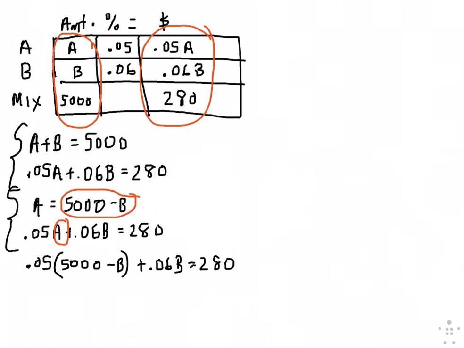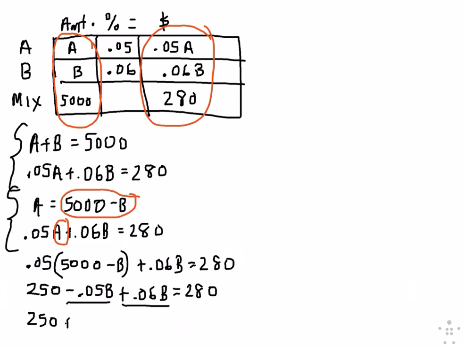So now we have 0.05 times 5,000, which is 250. And then 0.05 times negative B is minus 0.05B plus 0.06B equals 280. So here's like terms, right? So we have 250 minus 0.05 plus 0.06 is plus 0.01B equals 280, right?